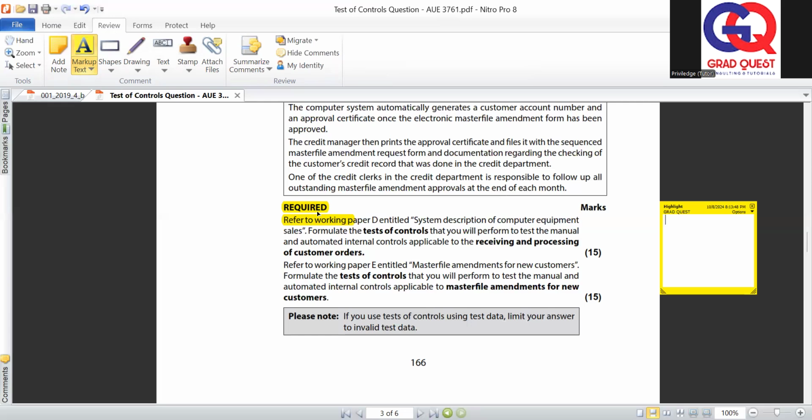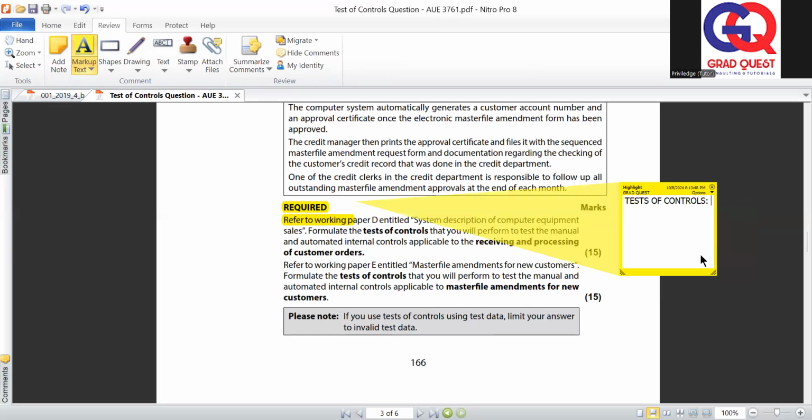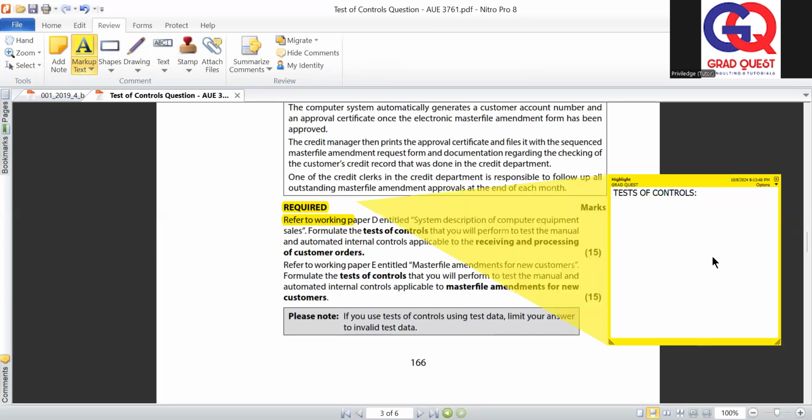So I want to emphasize tests of controls, and complement what I'm going to be explaining from my understanding of the concepts, of course, by complementing with what your lecturer gave as outlined in your study material.